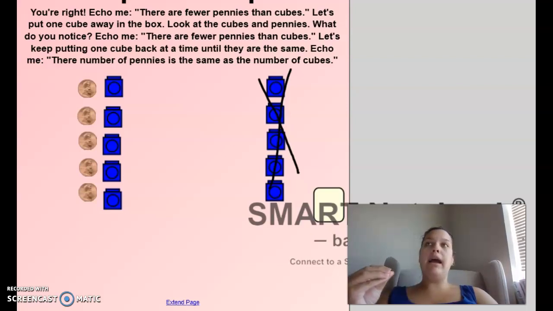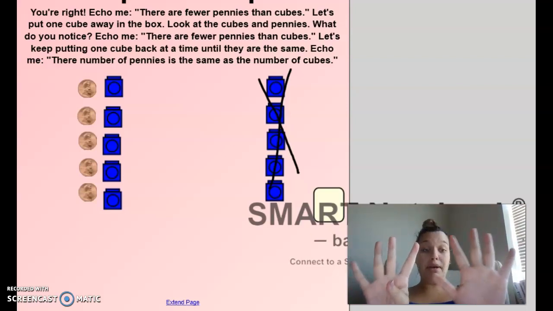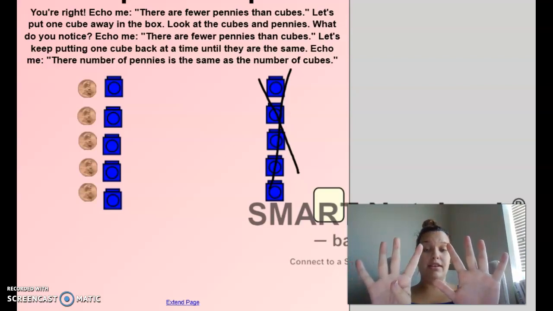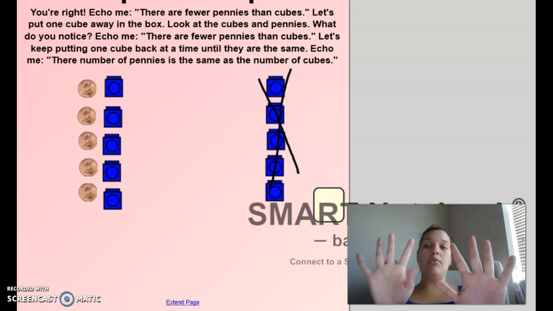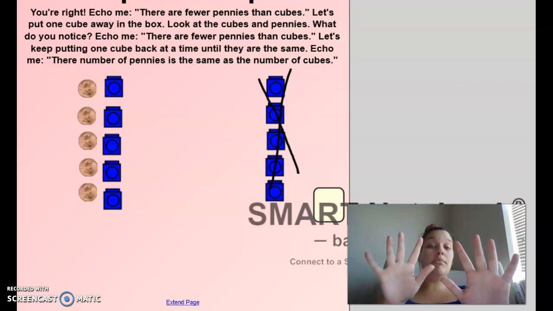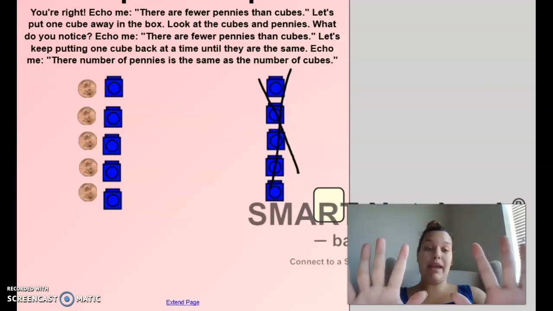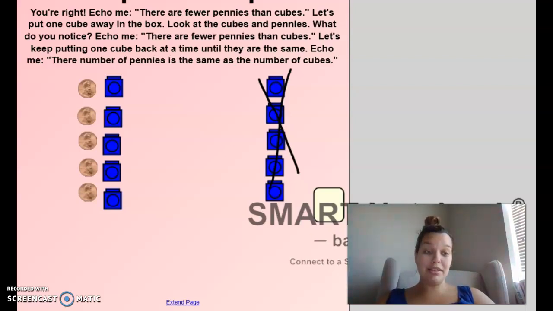So if you have a group of 4 bugs and you have a group of 5 birds, right? You would need one more bug. Because look, I have one finger down here. Do I have one finger down here? No, I would need one more bug to make my number of bugs the same as my number of birds.